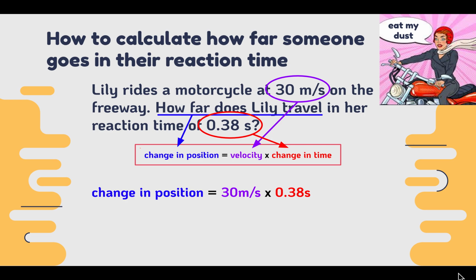Change in position equals 30 meters per second times 0.38 seconds. We put that into a calculator and we will get that Lily's position changed by 11.4 meters. This means that if something happens, before Lily can react to it, she will already go 11.4 meters.